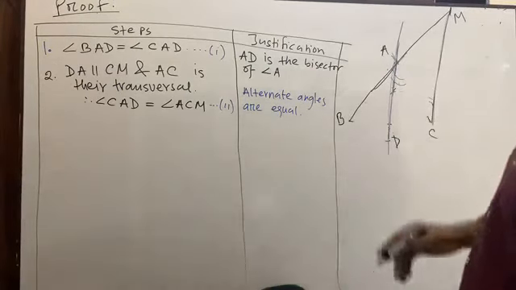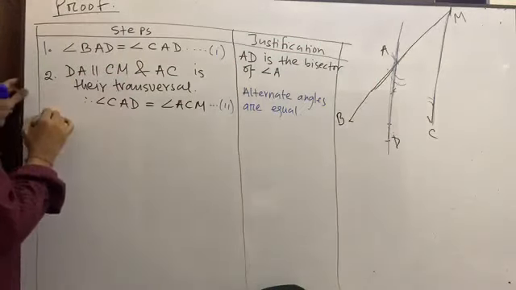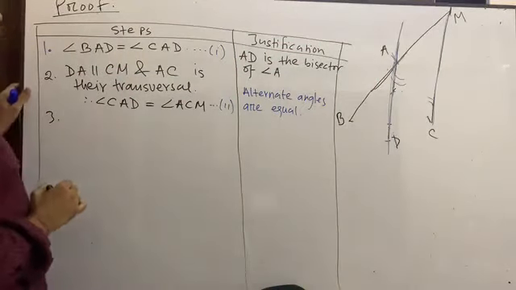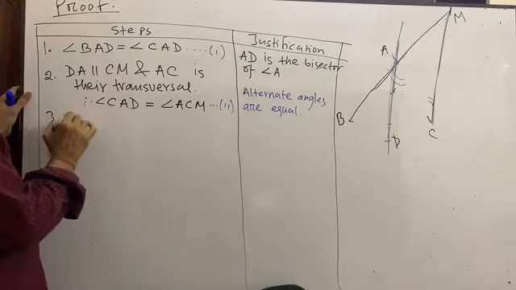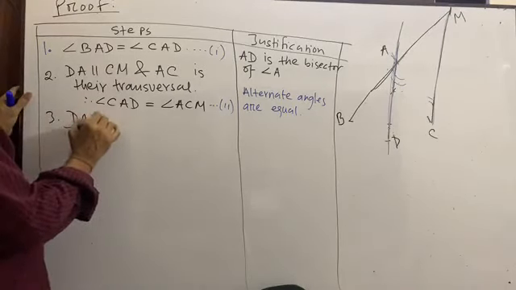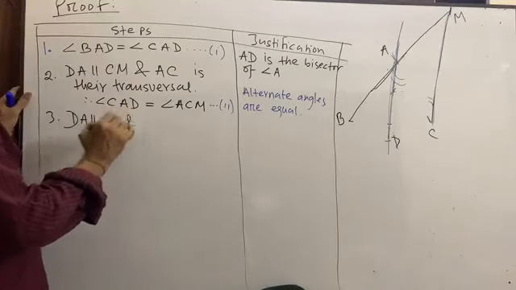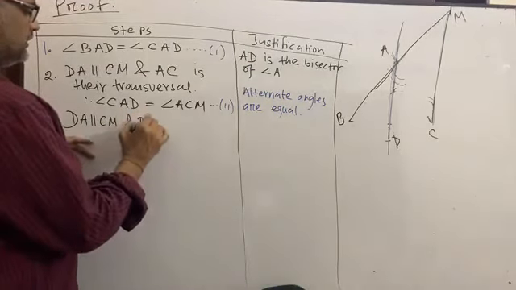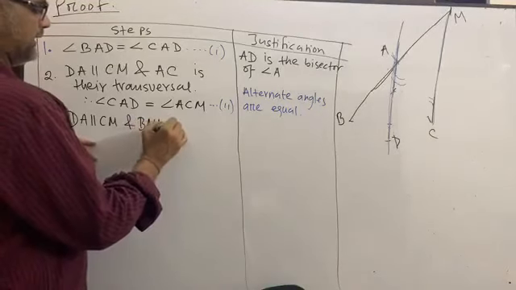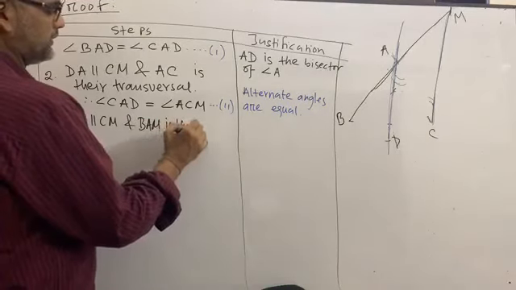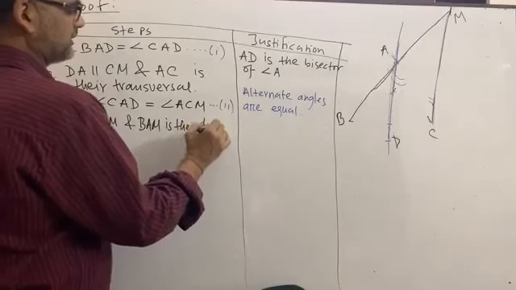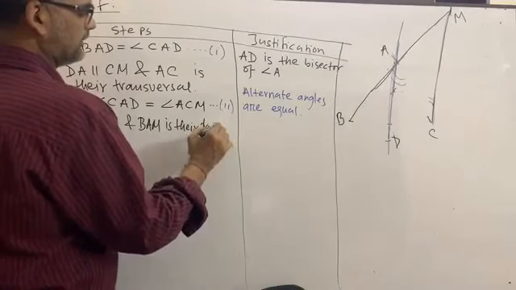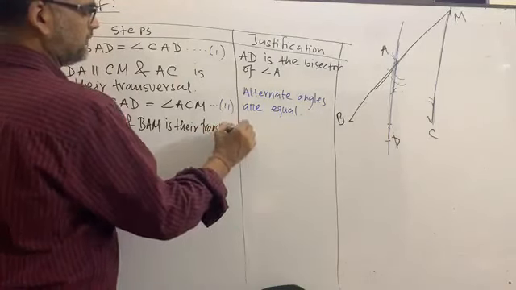DA and CM are parallel. Step number 3. Again, DA parallel CM, and BAM is their transversal. Have you got it?